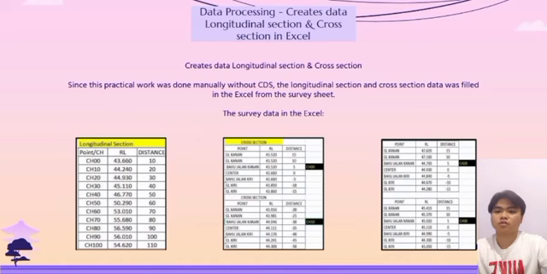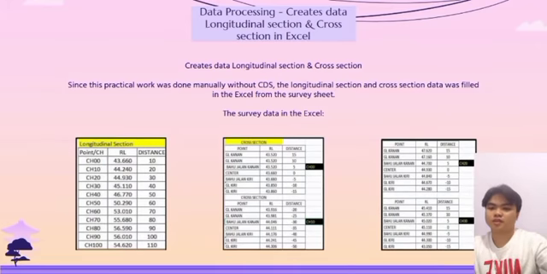For the long section, we just need to create one table and fill in the content, which are point or chainages, reduced level, and distance. We have 11 chainages to include in the long section table. Next, this is our cross-section table from our group.